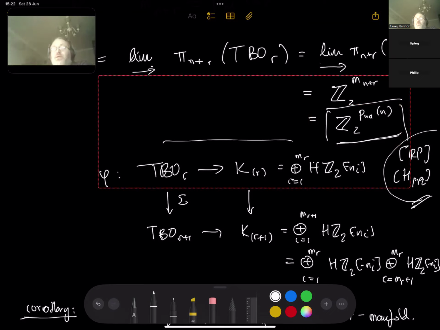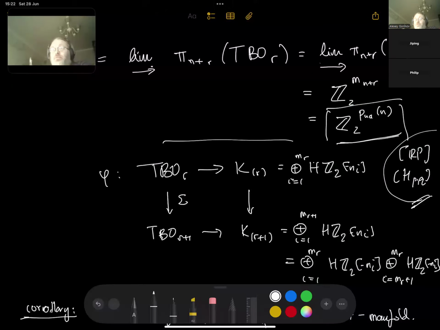So in fact, the cobordism ring is a ring, and we have computed the group structure, but it's also possible to compute the ring structure. It turns out that the ring is a polynomial ring with one generator in each degree not of the form 2 to the something minus 1.